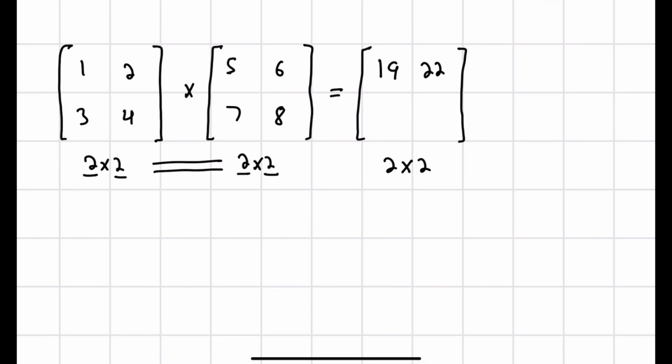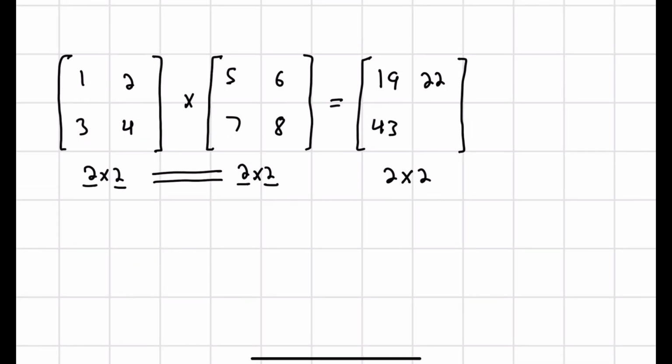To calculate the bottom left cell, we would have to perform the dot product for the bottom row of the first matrix and the left column of the second matrix. So we have 3 times 5, which is equal to 15, plus 4 times 7, which is equal to 28, and that gives us 43.